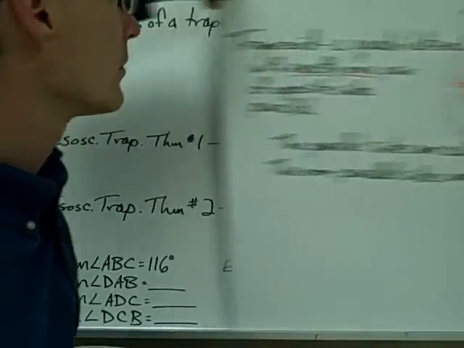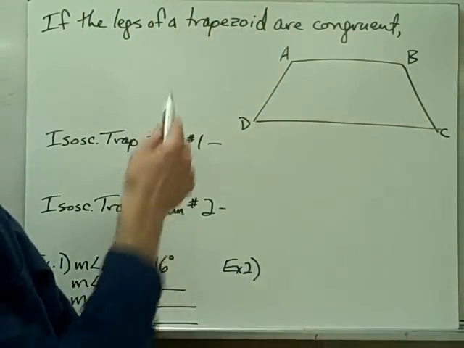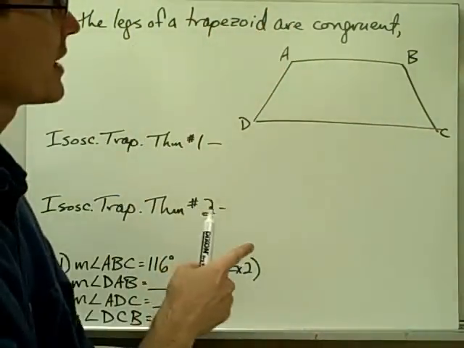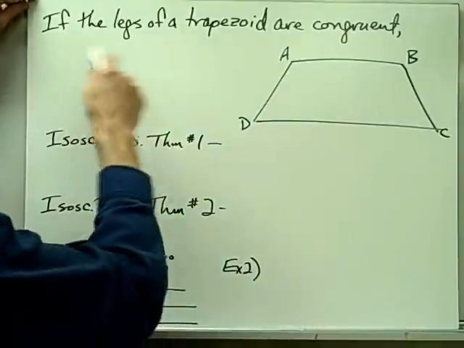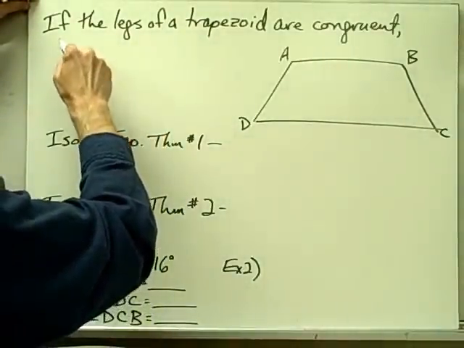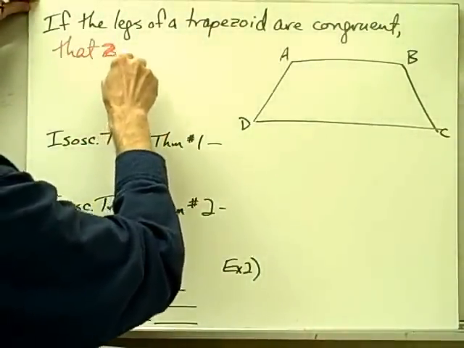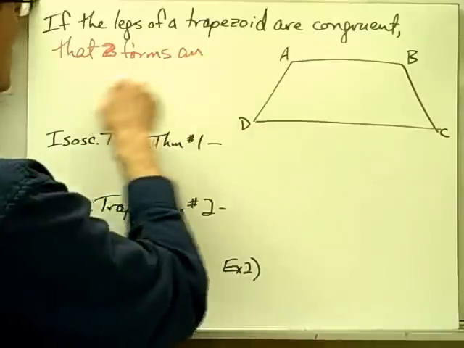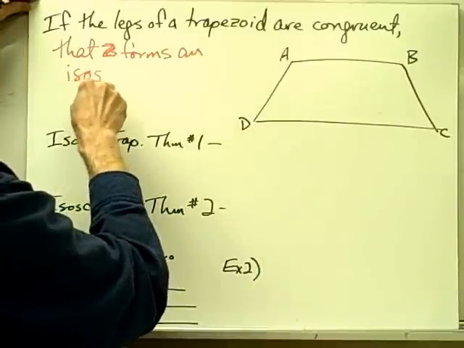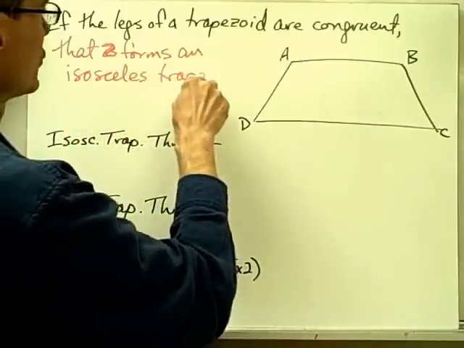Now, there is a special type of trapezoid. If the legs of a trapezoid are congruent, that forms what's called an isosceles trapezoid.